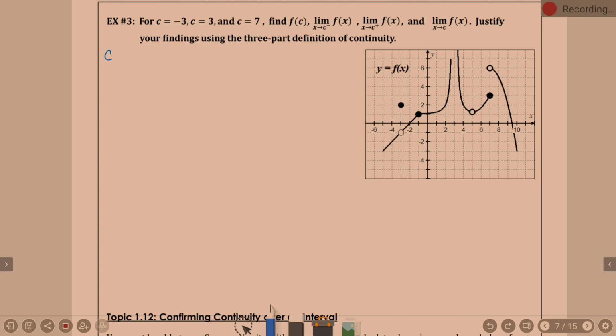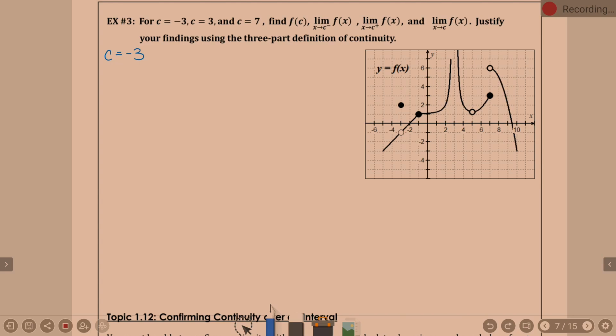Try to decide my setup here, because we're going to write several things out for 3 different c values. So when c equals -3, it asks us to find f of c, limit left, limit right, and okay.